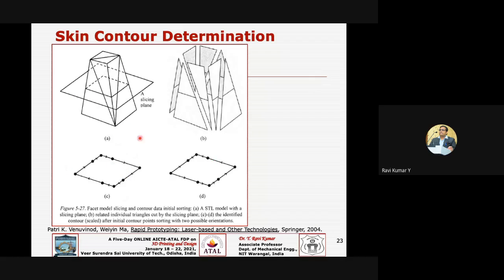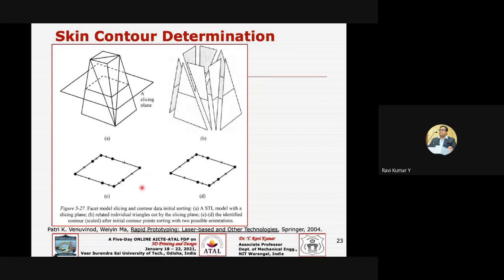You may have two possible ways, right? Either it can be clockwise or anti-clockwise. It depends on whether that particular feature is an interior or exterior. There is a convention that should be followed, and based on that you get the contour after joining the intersection points.